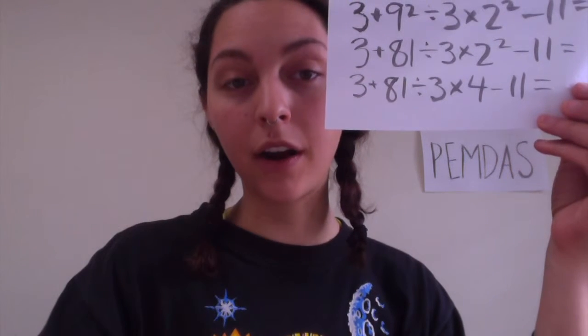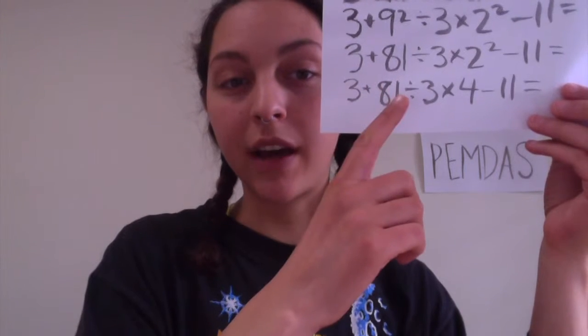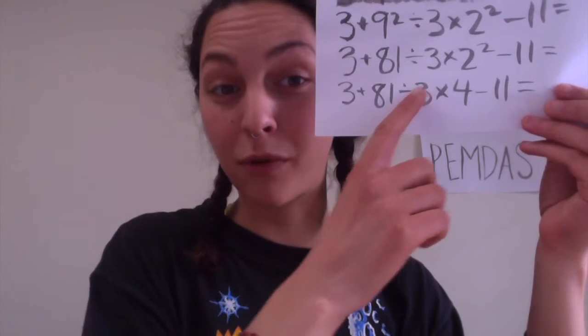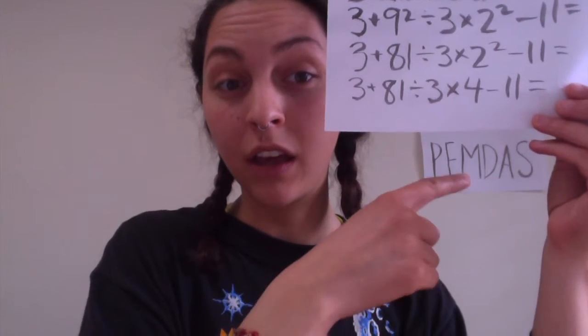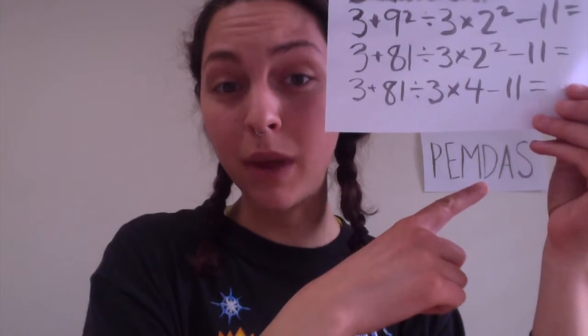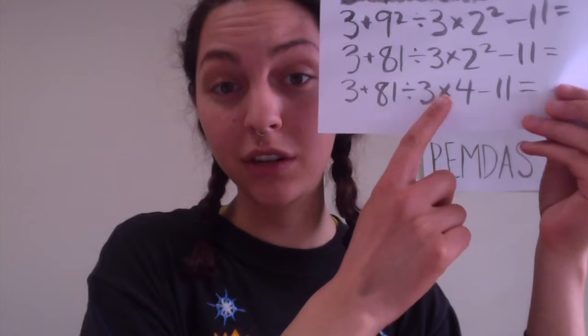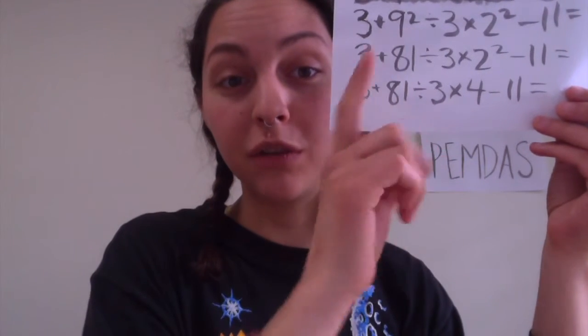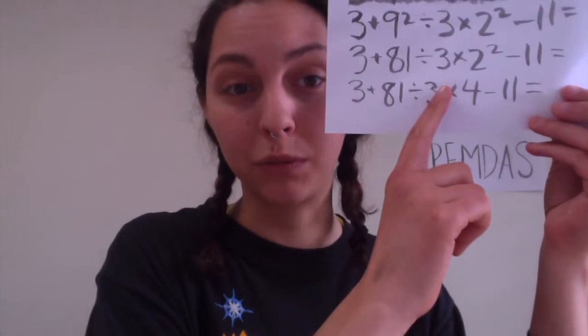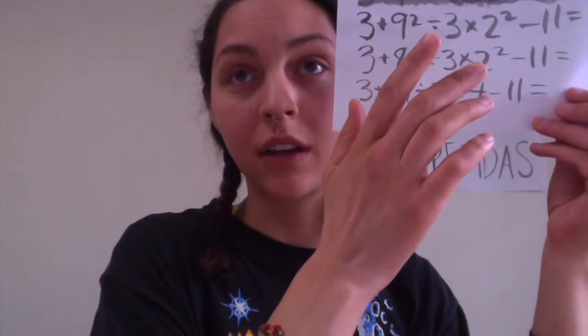For example, in our equation here, we can see that there's division before multiplication and M comes before D, so maybe it seems like we should skip over that division for now and do the multiplication, but we don't. We do the division first and then the multiplication, because that's just how the order of operations is.